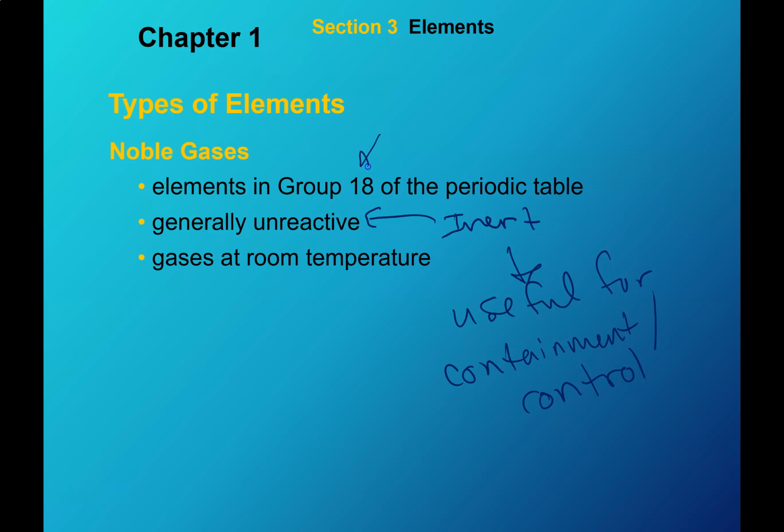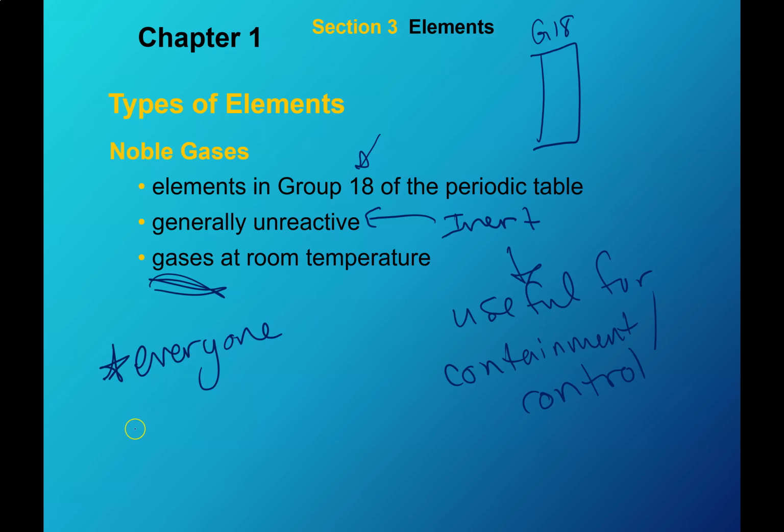These are all in group 18, which is the final column of the periodic table. And I'll show you another periodic table and point out some of these different things. And they are all gases. Everybody in the periodic table, another reason they are safe, everyone wants to be a noble gas.